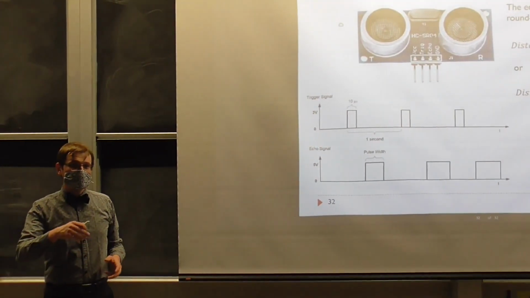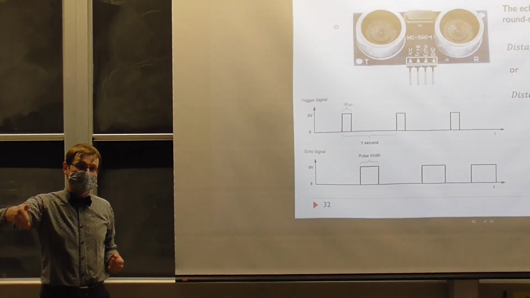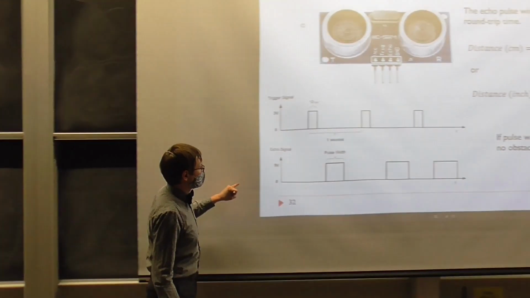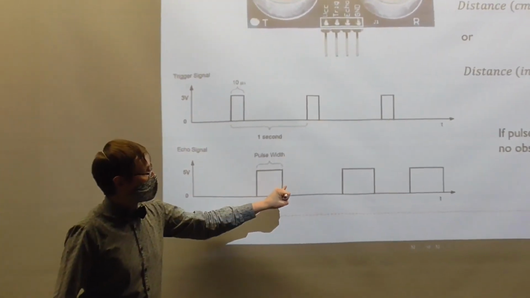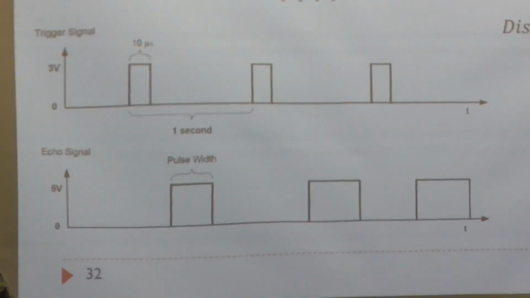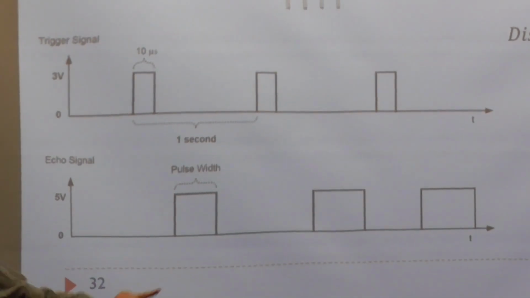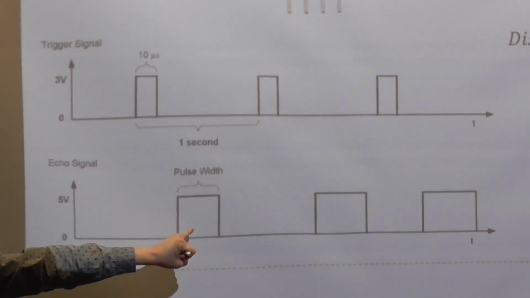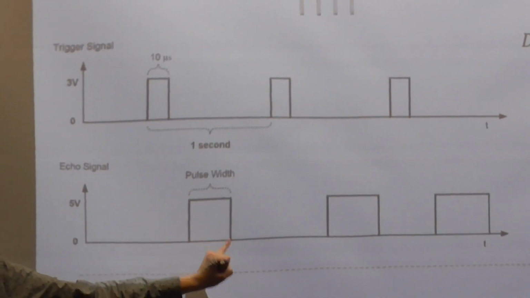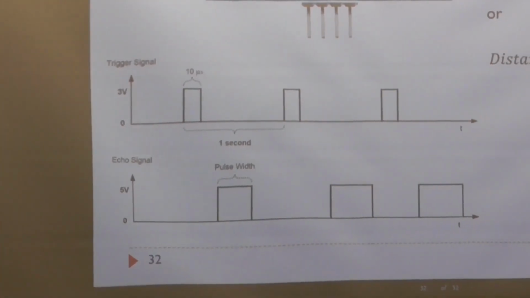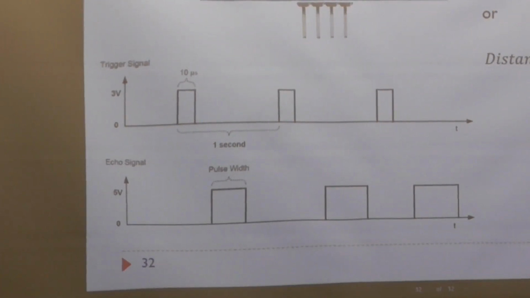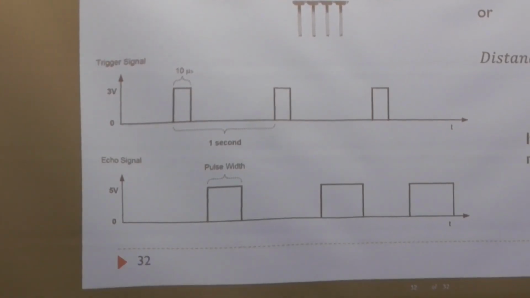But it requires precise timing, because you're working in a microsecond range here. This happens too fast for a software timer to deal with it. That's why you need a hardware timer for this application. Any questions about any of that?